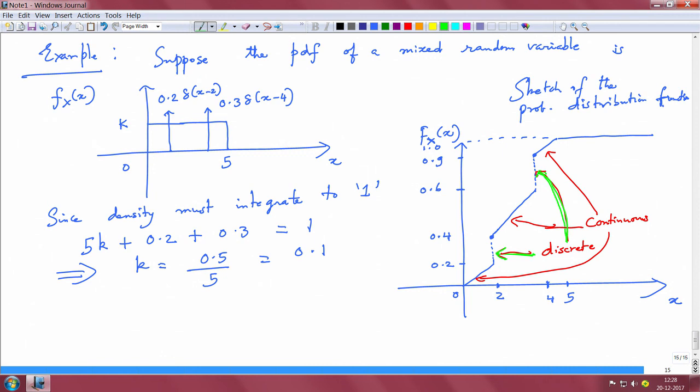So, this is a sketch of the probability distribution function for a mixed random variable. Hopefully with these basics you may be able to understand and appreciate the subtle details when you look into probability distribution functions and probability density functions, which will be useful for your analysis further during the course when you have to deal with these probabilities.